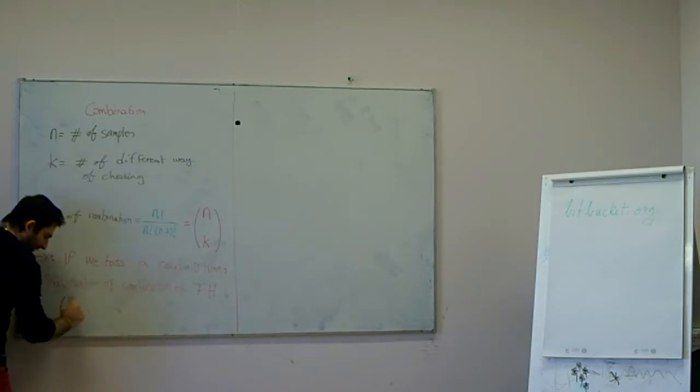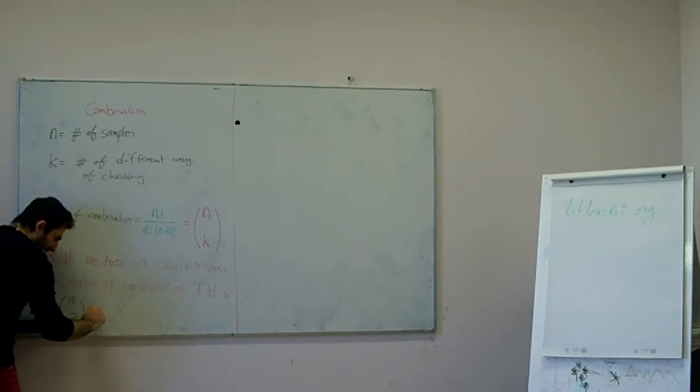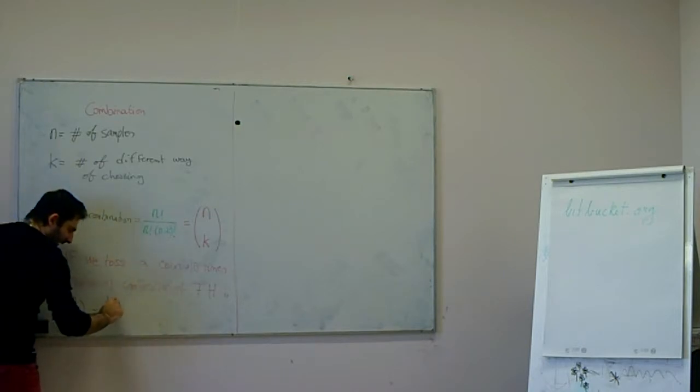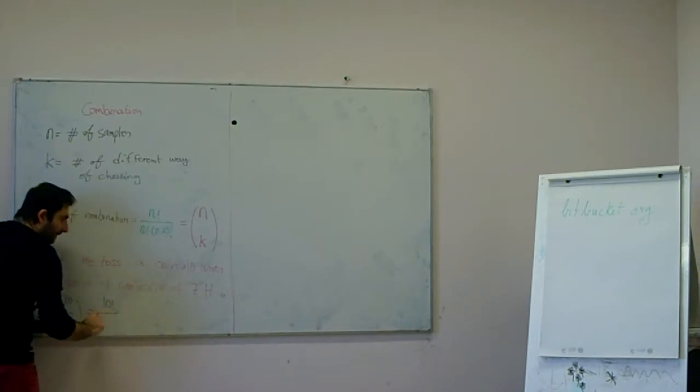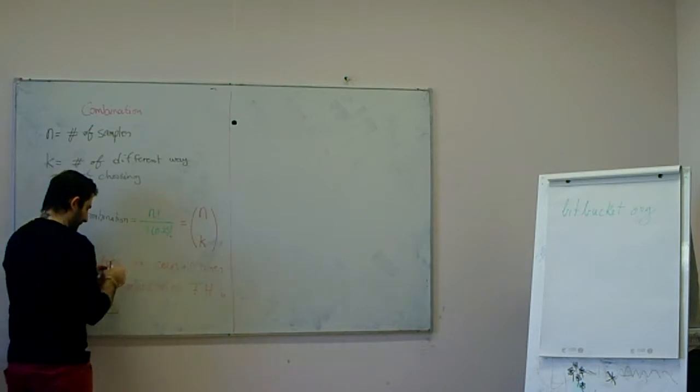It will be a combination of 10 and 7, and this is 10 factorial divided by, no, this is k factorial.